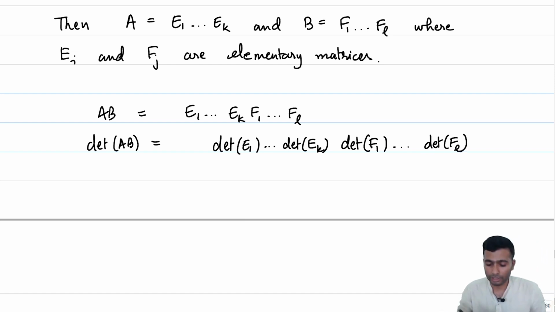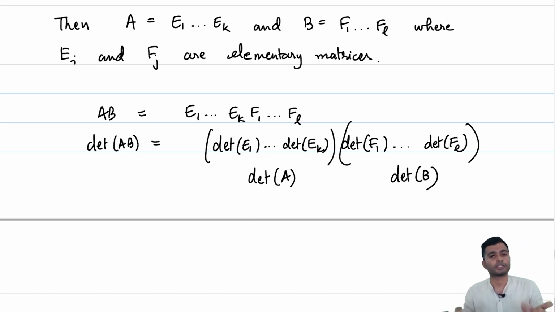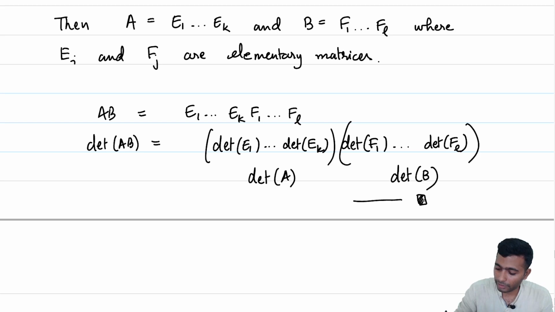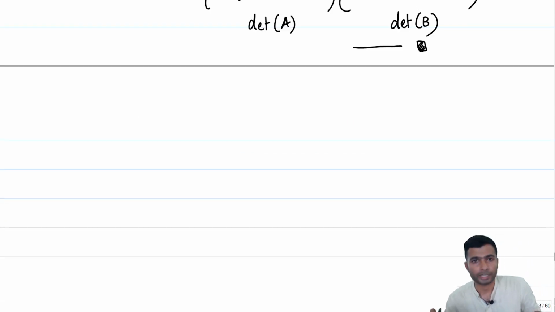But if you notice carefully, let me put a big bracket here. If I group it like this, the things inside the bracket is just equal to determinant of A, and this is just equal to the determinant of B, and this is precisely what we were trying to prove. So, determinant behaves extremely well when it comes to matrix multiplication.